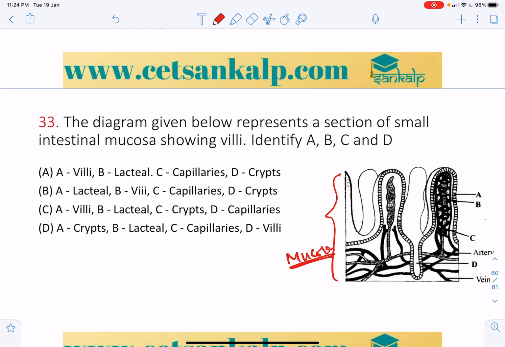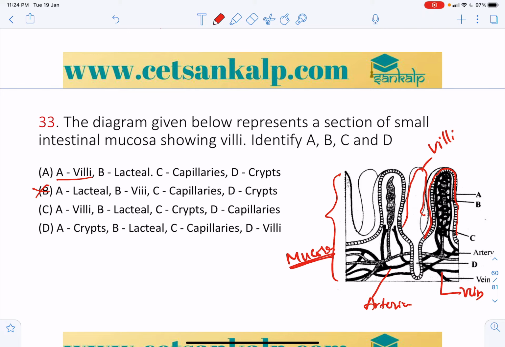And these are the arteries and veins, and these are going to form capillaries. So structure A is a finger-like projection, a cross section they have taken. These finger-like projections are called villi. So A is villi.